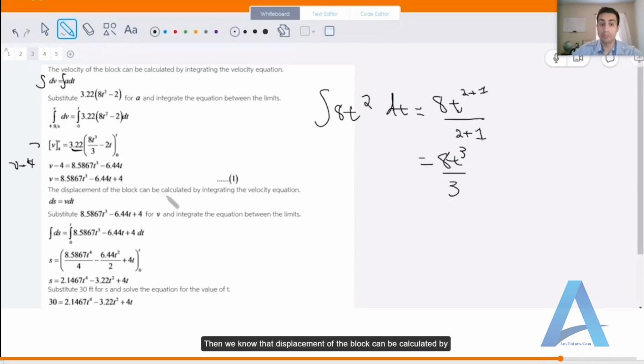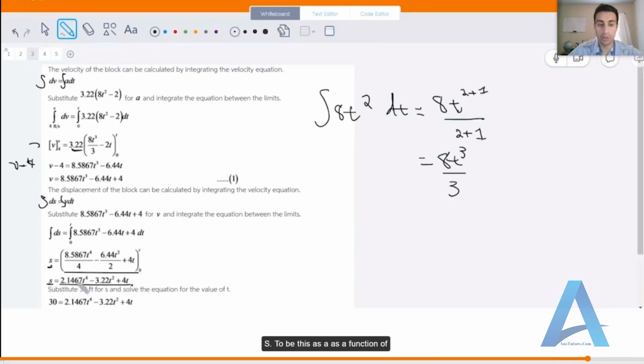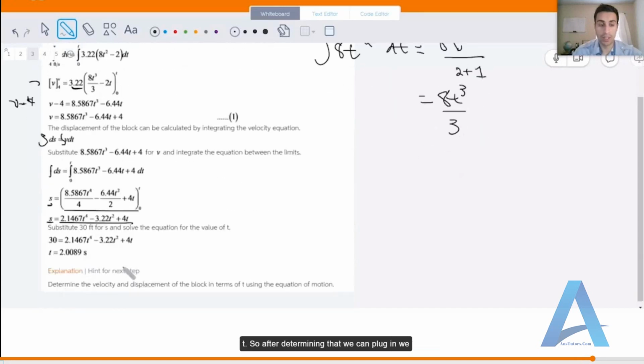Then we know the displacement of the block can be calculated by integrating the velocity equation. So the integral of ds is simply s. Then we integrate this side from 0 to t. Integrating this gives us this. Then we further reduce this and we get an equation for s as a function of t.